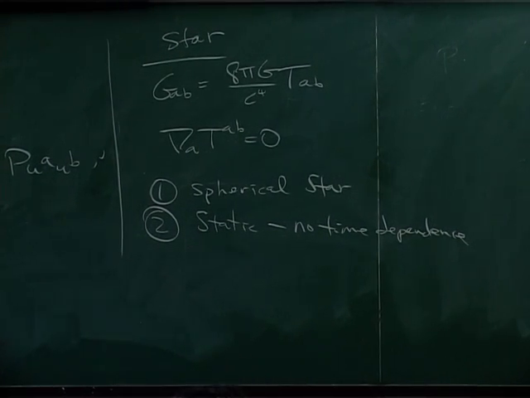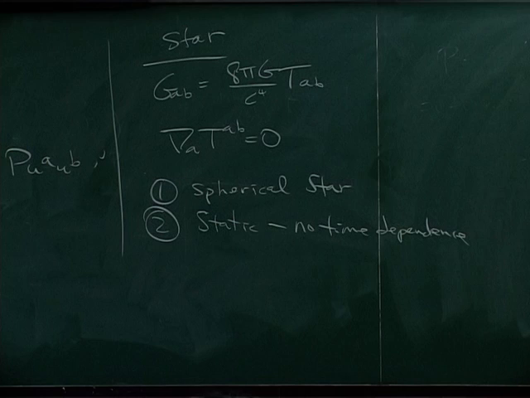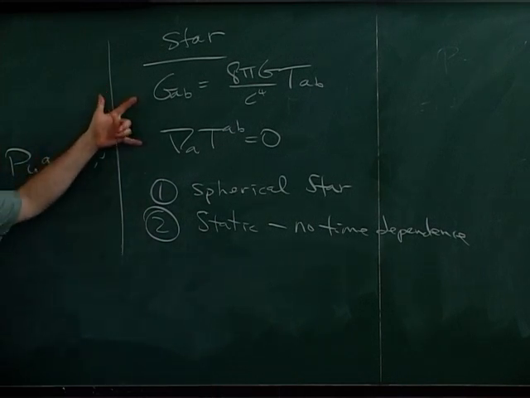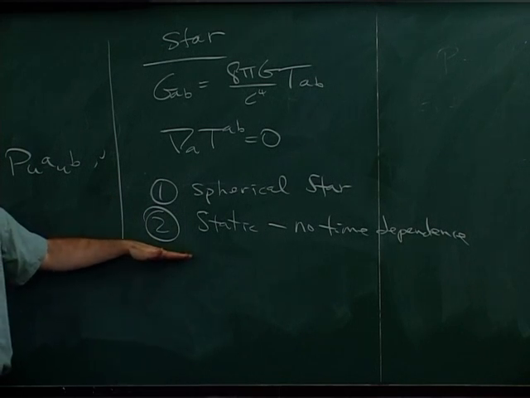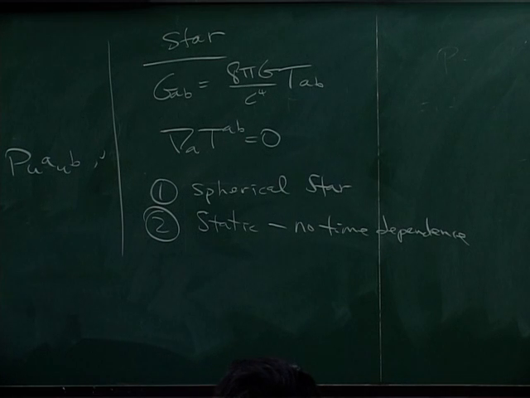That's already a big simplification, right? That's going to simplify these 2 sets of equations a lot by going to spherical symmetry and taking all the time dependence out of the problem. When I do that, I come up with a set of equations.